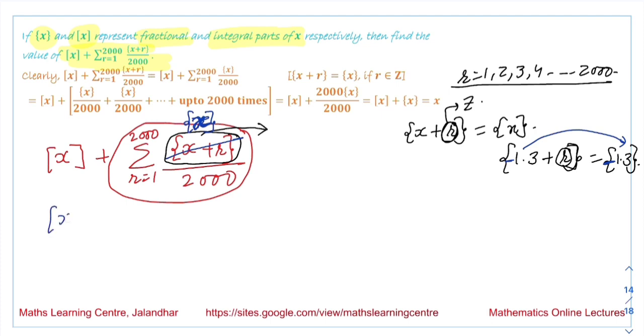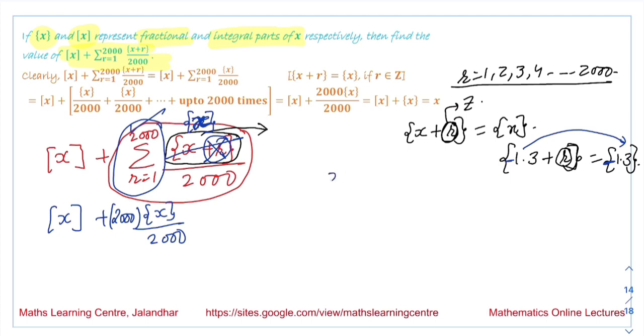So our formula will become the greatest integer of x plus the fractional part of x, over 2000. Now we are saying r is equal to 1 to 2000. There is no term r over here, so this sum is immaterial, and basically we are adding these whole terms 2000 times.